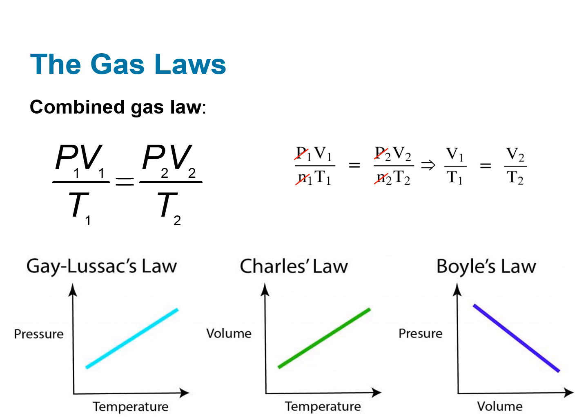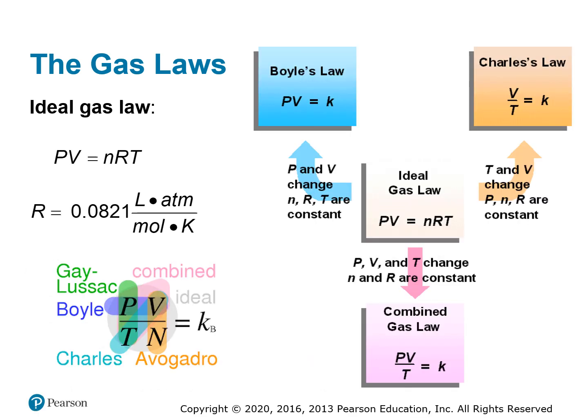And if you work at the same pressure, you can cancel that out. This is what remains, and this is the relationship between volume and temperature, and it is Charles' law. So that's your combined equation. It's a good idea that we remember that equation and we do examples of those calculations.